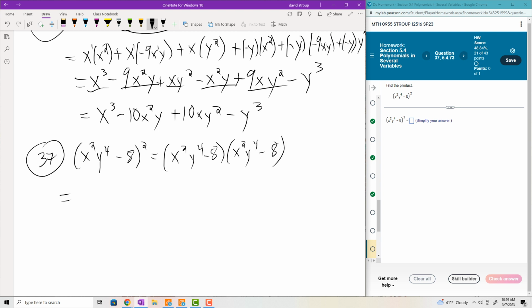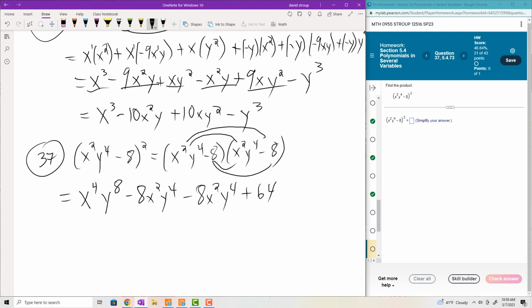Okay, so first, outer, and last: x squared y to the fourth times x squared y to the fourth. Let's just multiply that out right now. So x to the 2 plus 2 is 4, y to the 4 plus 4 is 8. First outer, that'll be minus 8x squared y to the fourth, inner, minus 8x squared y to the fourth, and then last, plus 64.